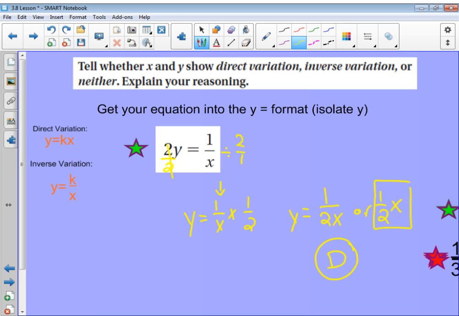Okay, this one was kind of a tricky one because when you simplified, you ended up with 1 over 2x, which can also be written as 1/2 x, which is the same as 0.5 times x. So it was showing multiplication between the two, so it ended up being a direct variation.